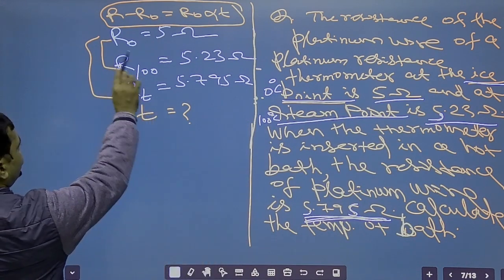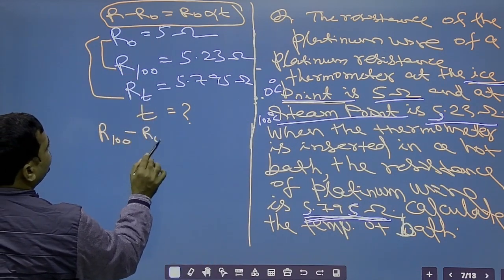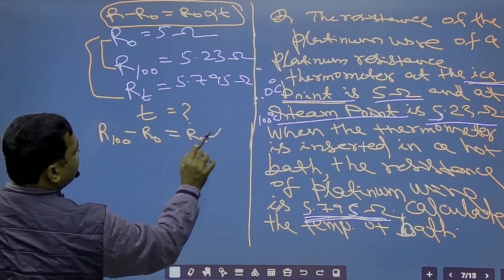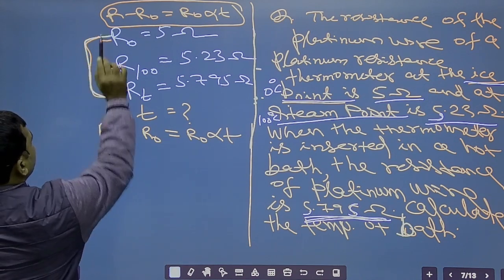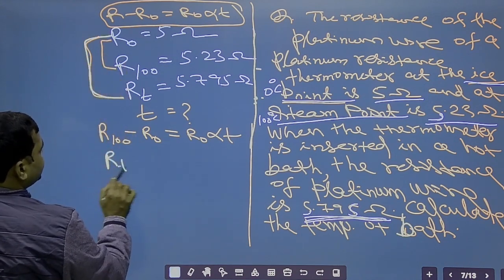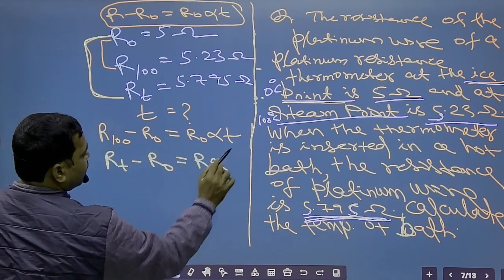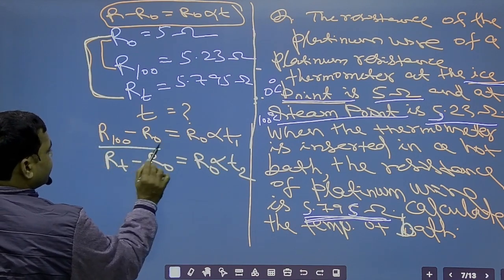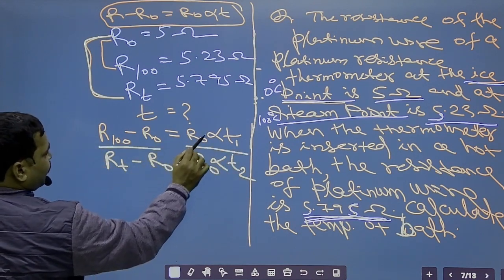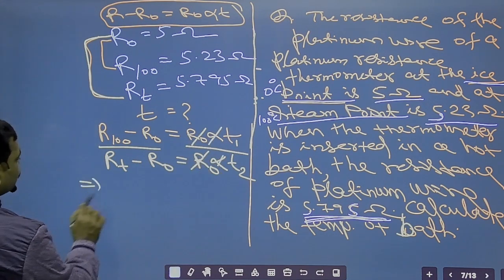Now we see how. First, R100 minus R naught will be equal to R naught alpha T1. Similarly, if we consider these two cases, this will be RT minus R naught equal to R naught alpha T2. If we take the ratios, then we'll find R naught cancels out, alpha cancels out, and we can put the values.